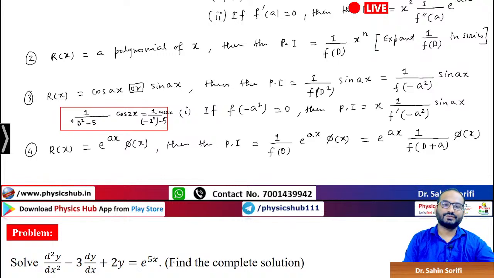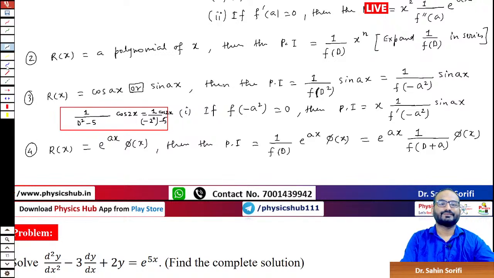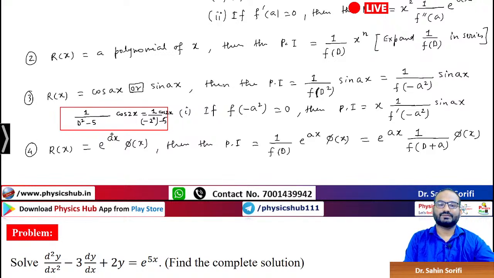Wherever you see D square, you will just replace it with minus a square, and you may be left with some function involving D. Let's say you are getting D minus 1 in the denominator, but you need D square to put this value of a square.